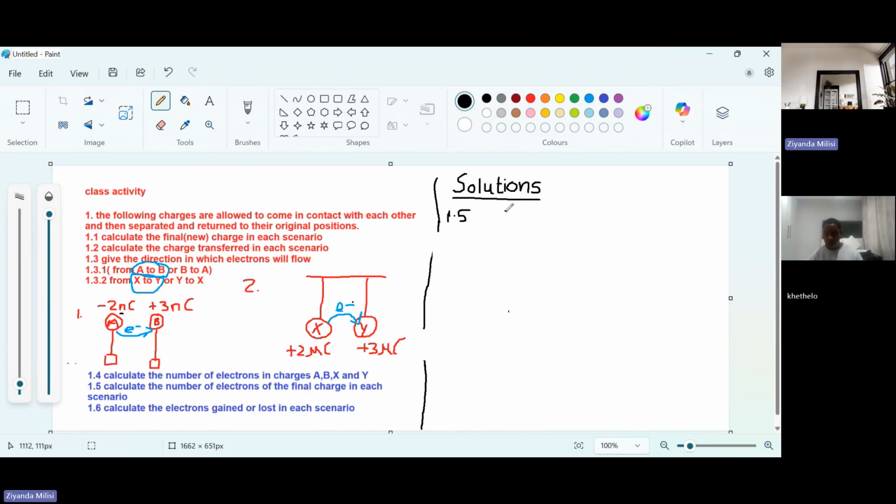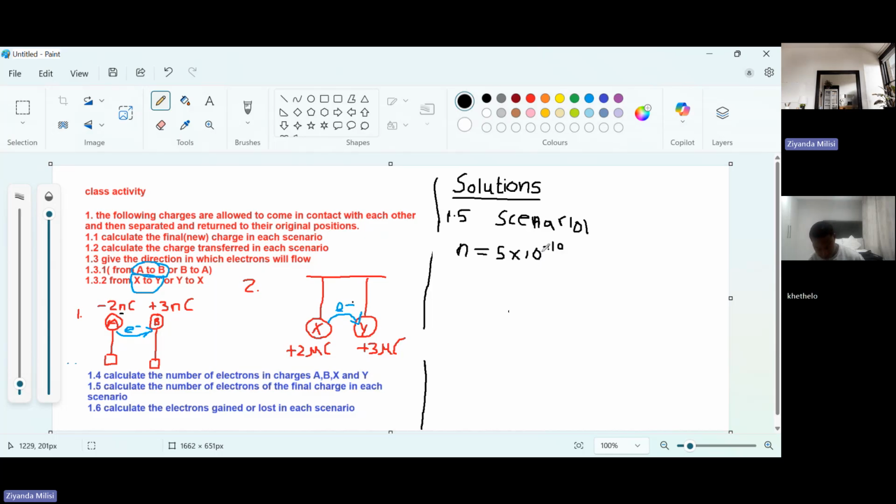So what was the final charge? 5 times 10 to the -10, or 0.5 times 10 to the power -9.